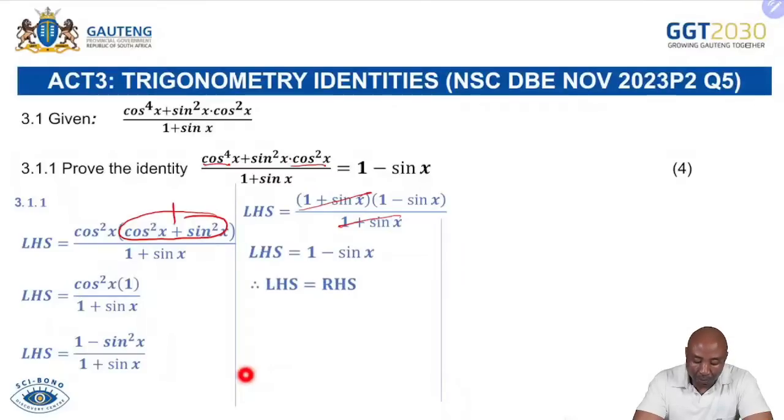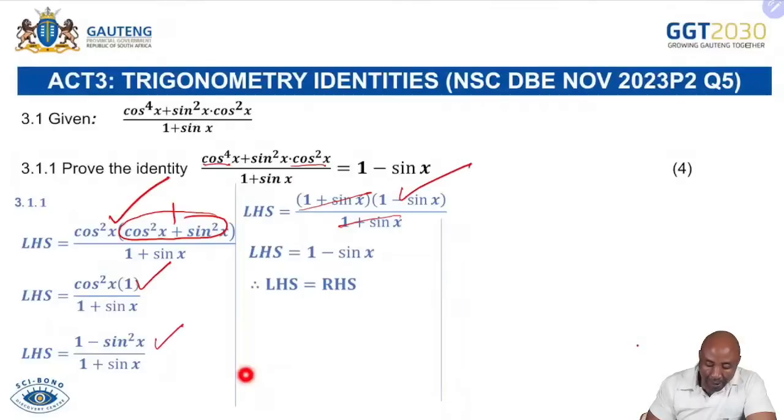I'm done with the proof. So highest common factor outside, knowing that this is 1, substituting the identity and then factorizing, and I will get my 4 marks there.